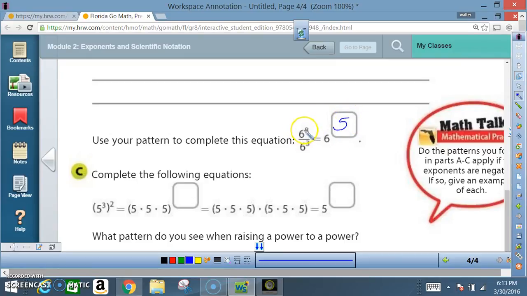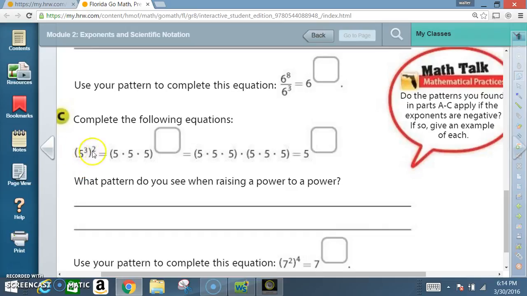Now that's way better than writing out 8 6s on top, and then 3 6s on the bottom, cancel, cancel, cancel all the way through, just to find out you have 5 6s left. It's way quicker to go 6 to the 8th divided by 6 to the 3rd, 8 minus 3, 5, and you are finished.